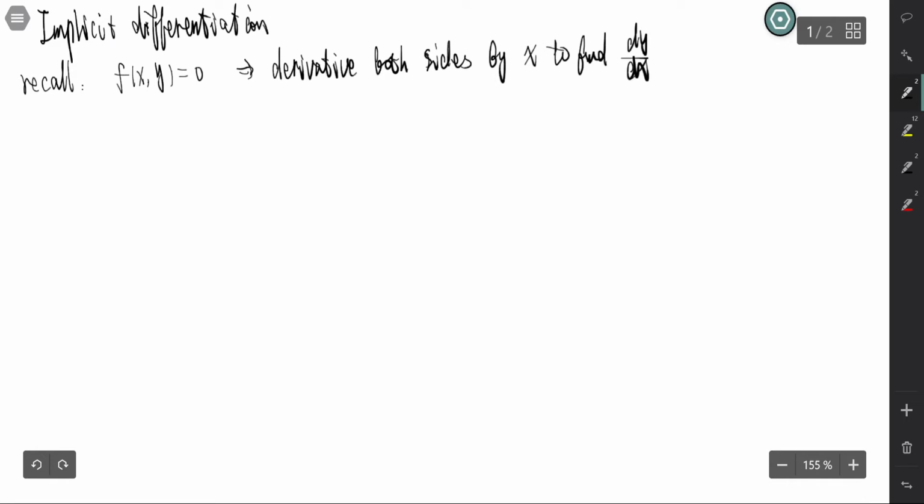In the procedure, we regard y as a function of x. Using the same trick, we can find the derivative for several variable functions implicitly.